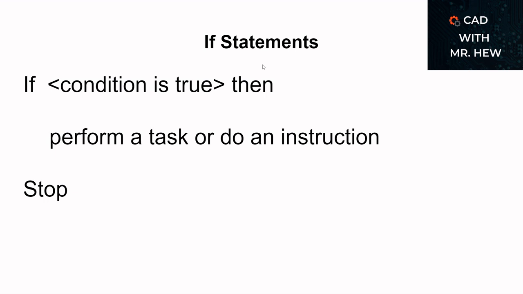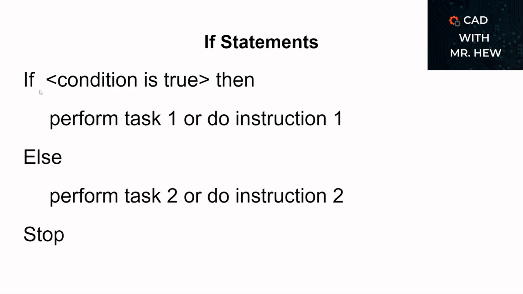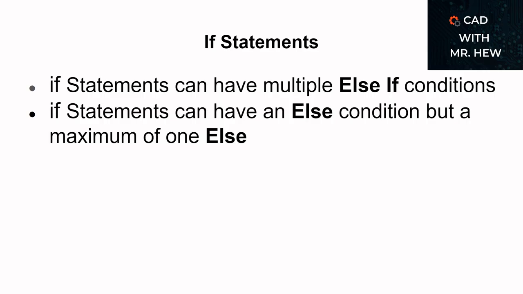While in the if-then else statement, the first instruction or task will only be executed if the condition is true, and task 2 or instruction 2 will only be performed if the condition was false.